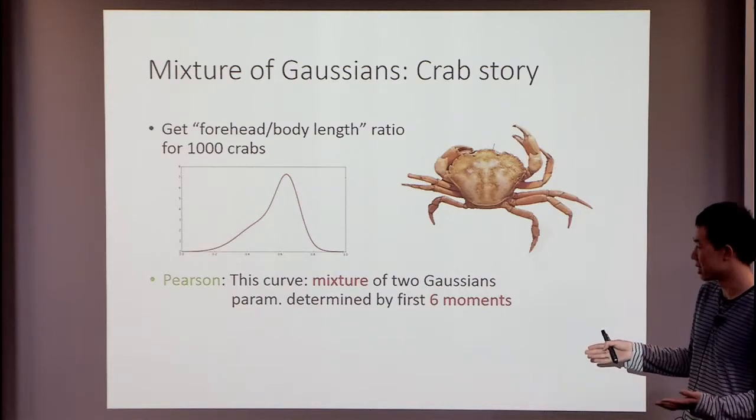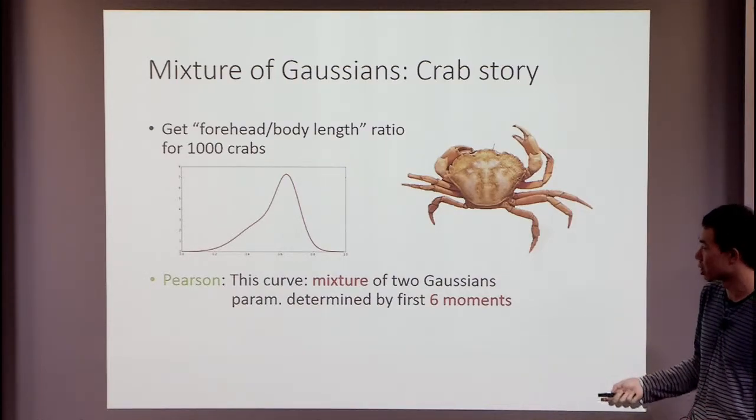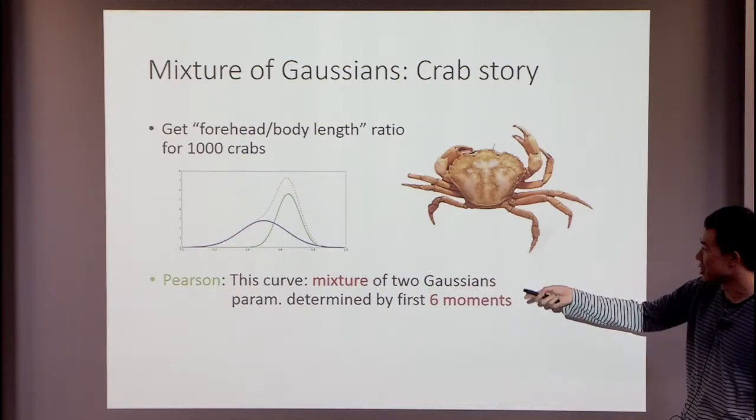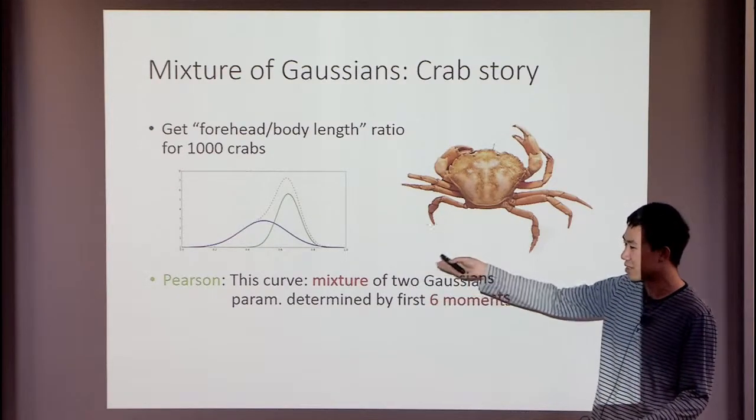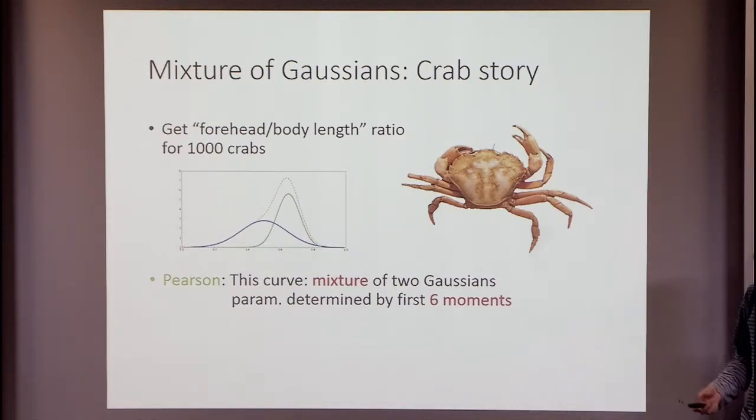Then he can solve this set of equations and get the correct parameters. So indeed, this distribution is the sum of these two Gaussian distributions. This kind of algorithm is later known as the method of moments, and it has become really popular in statistics.